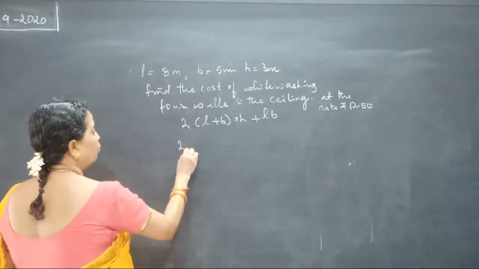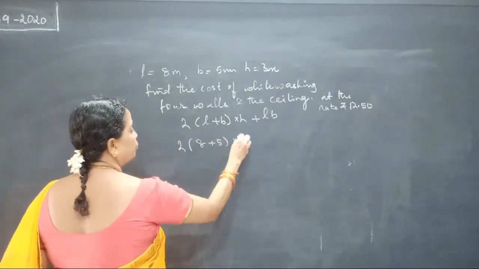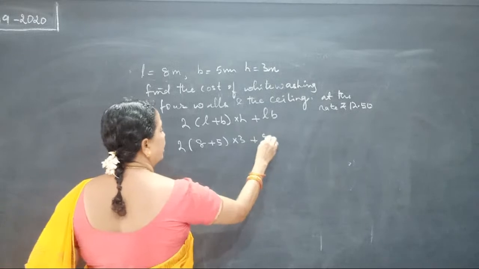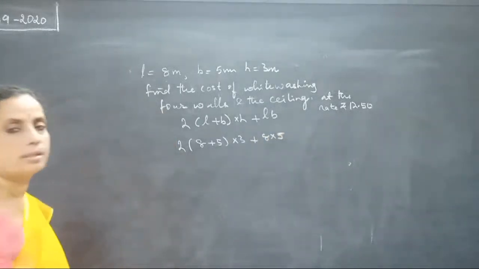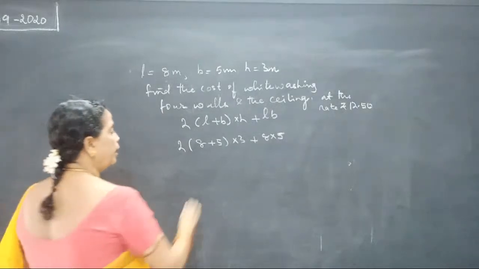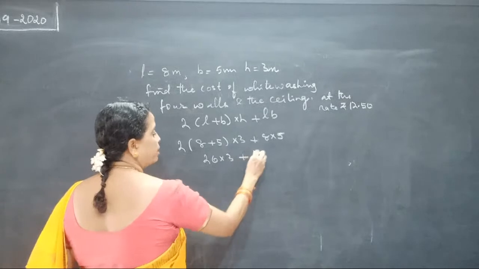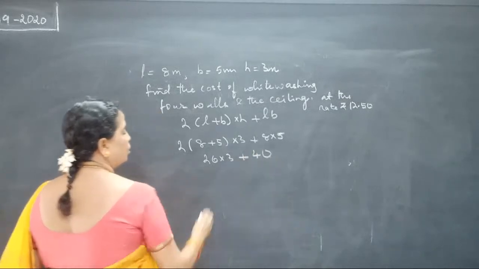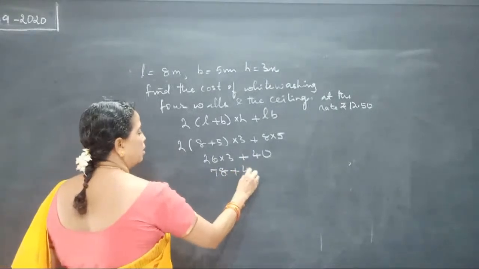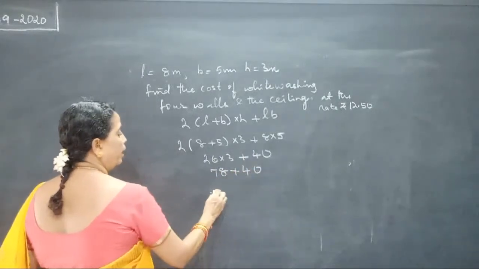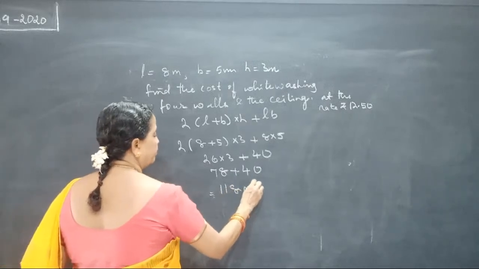Substitute: 2 into (8 plus 5) into 3 plus 8 into 5. 8 plus 5 is 13. 13 into 2 is 26 into 3. 6 3s are 18, 2 3s are 6 plus 1 is 7, so you will get 78. 8 5s are 40. You will get 118 meters square.